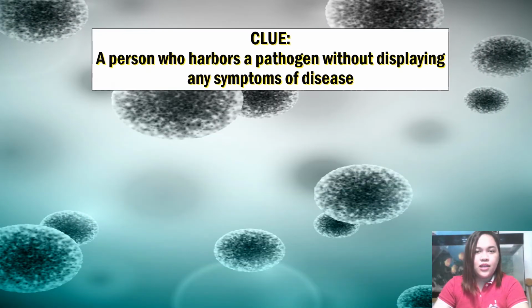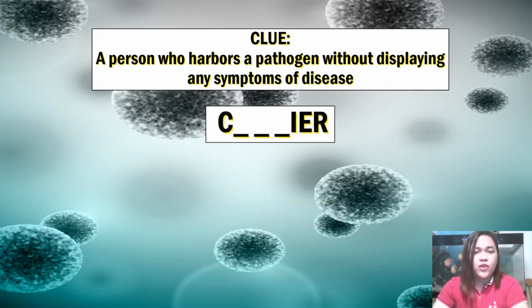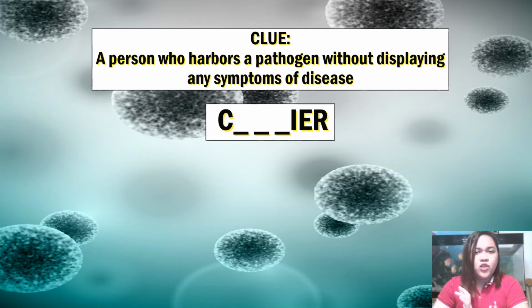Second term. This is your clue: a person who harbors a pathogen without displaying any symptoms of disease. Let me give you the term. You have 3 blanks to fill in.